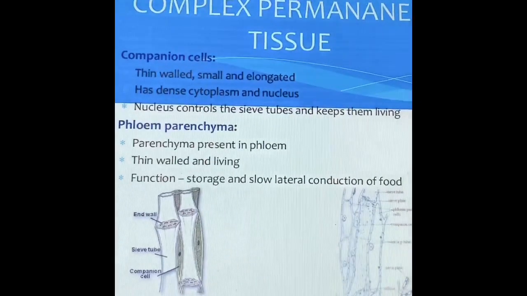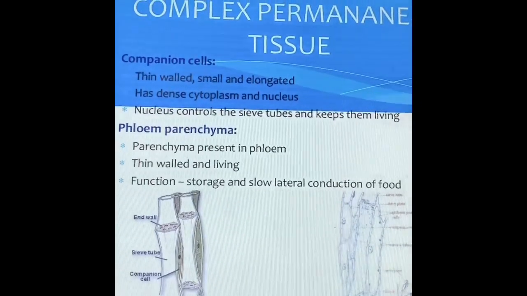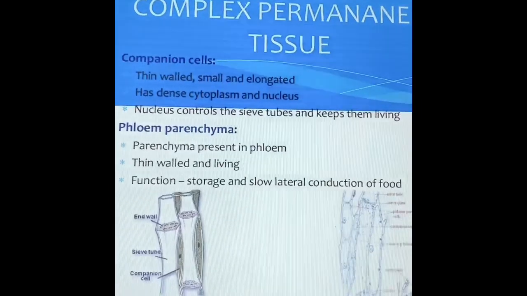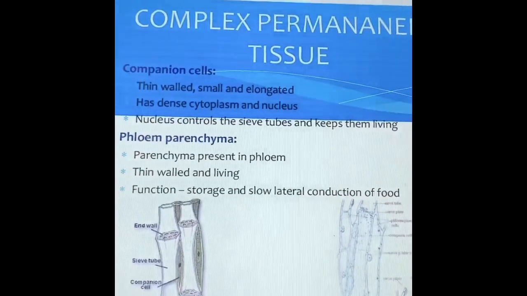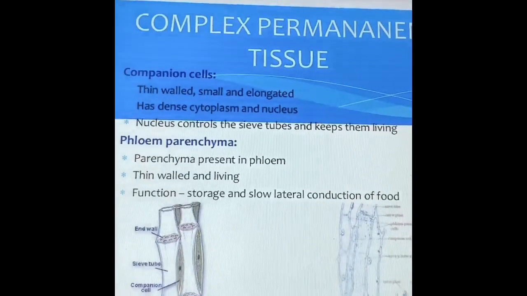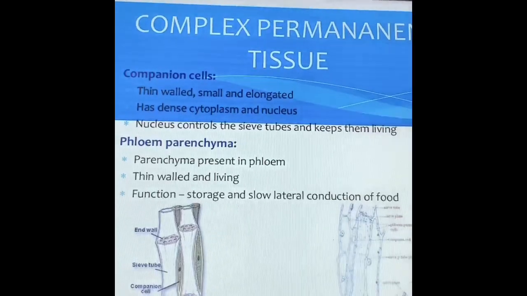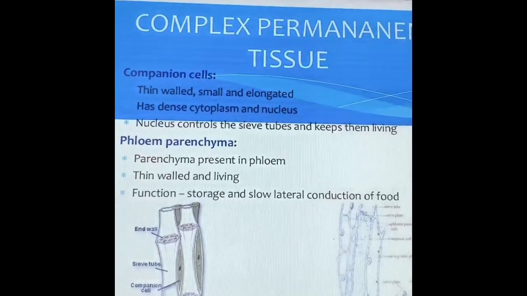Therefore, the companion cell's nucleus helps the sieve cell, and they have a prominent cytoplasm as well as dense cytoplasm and nucleus. They maintain proper pressure gradient in the sieve tube cell for conduction of food.